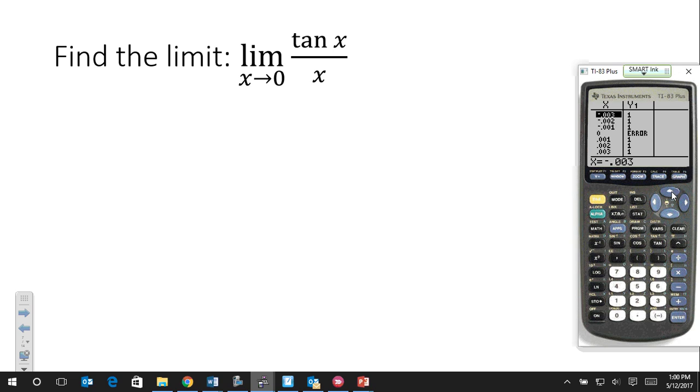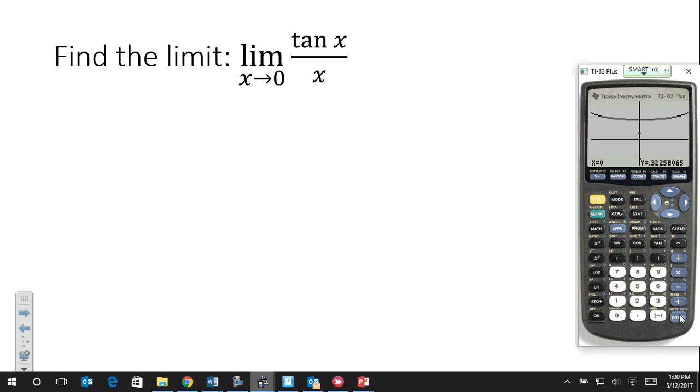And we could tell that by zooming as well. If we had our graph in here and we did a zoom, we can say, hey, I want to make a box around what I'm trying to zoom in on. I kind of want to see what's going on over here at 0. And so I arrow to some place close to 0. I press enter, and I go down and right or up and left, depending on where I was on my screen. And I press enter again.